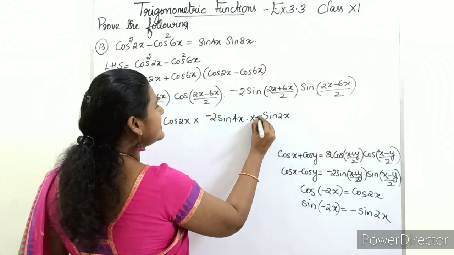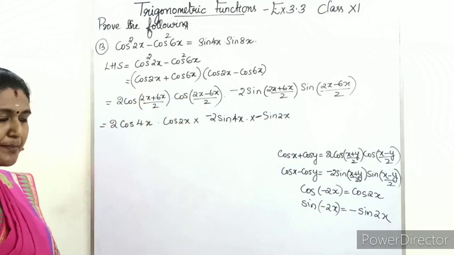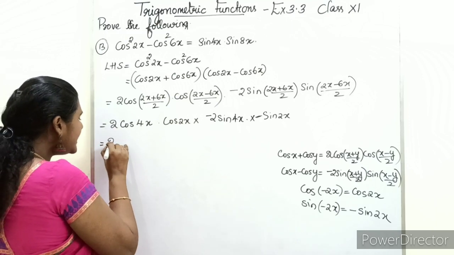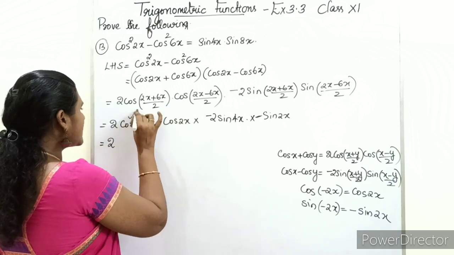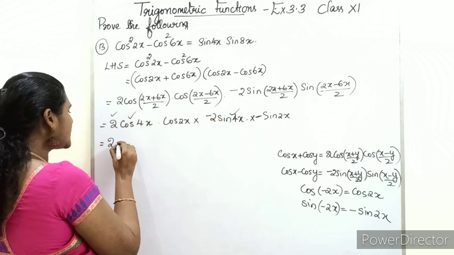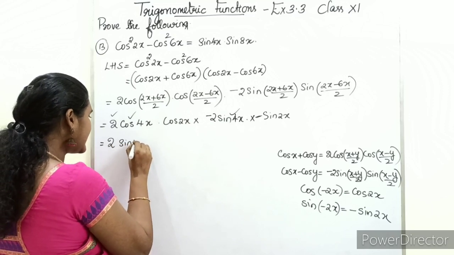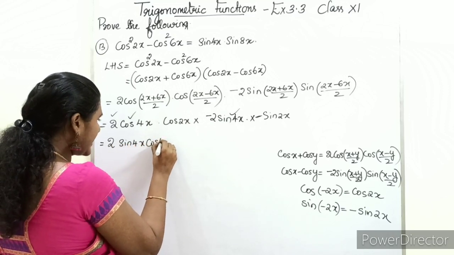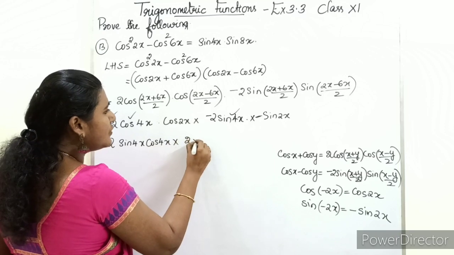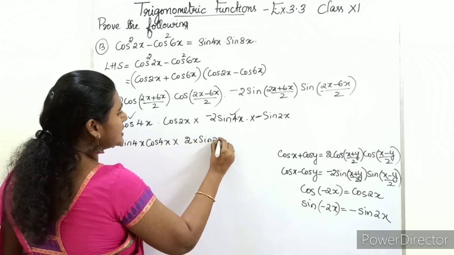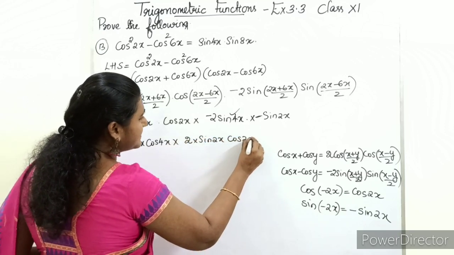This minus and this minus will become plus. Now we will rearrange the terms, that is cos, sine and this 2. So 2 sin 4x cos 4x into 2 sin 2x cos 2x.